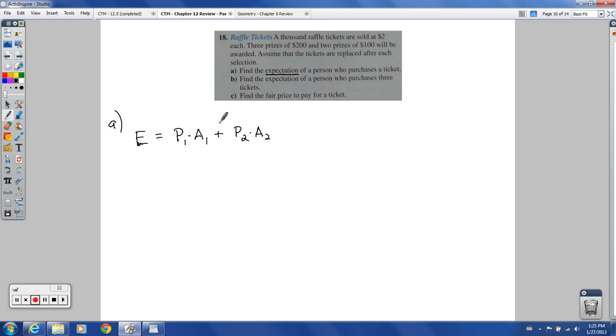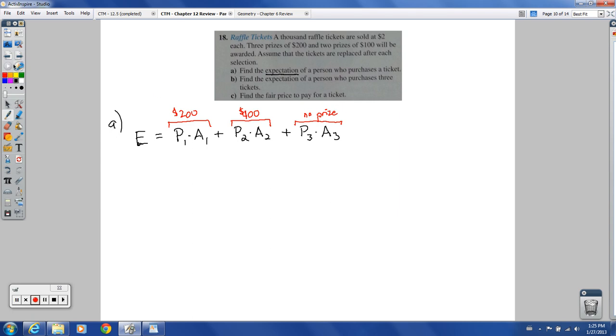And so we're going to have 3 different things to be multiplying together and then adding together after that. So times A3. I'm going to say this represents the $200 prize. This represents the $100 prize. And then this represents no prize.